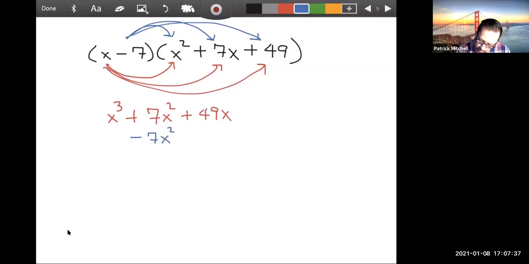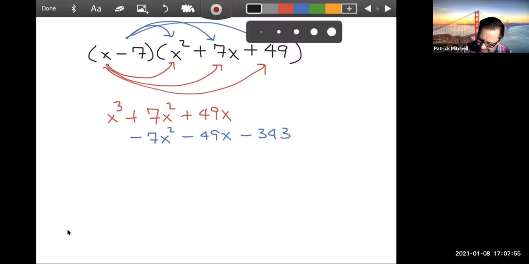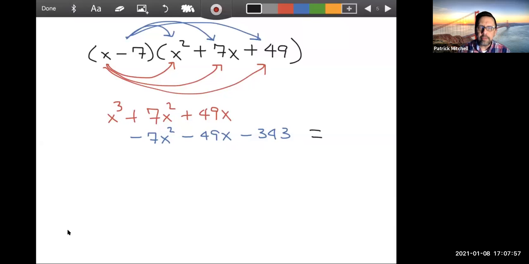Look how I'm writing this. Minus 7 times 7x is minus 49x. And then -7 times 49, well, I've got the answer memorized because I've done this problem so many times. It's minus 343. And then what happens? Something beautiful.